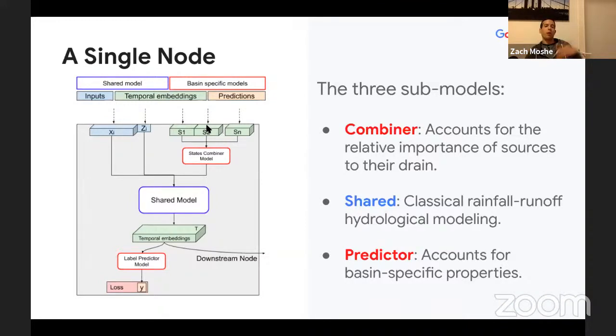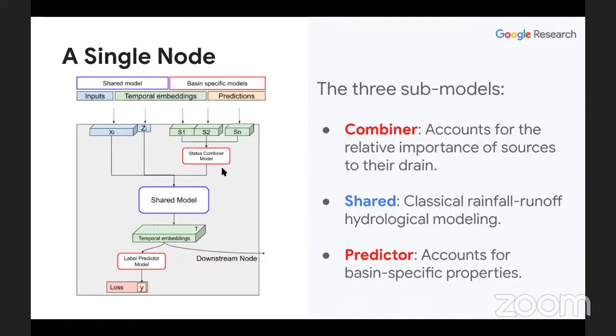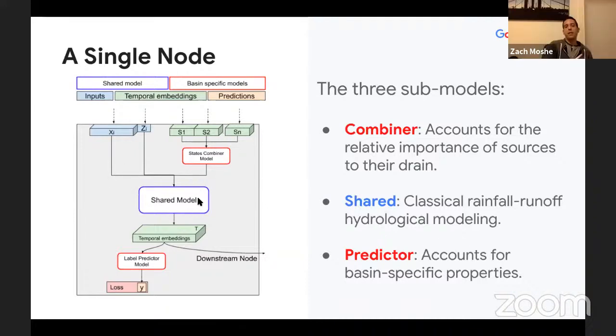So the combiner will always output a vector of t over h, and h here will be the combined embedded vector. That is what allows the shared model to be shared, because all the inputs here are the same, or at least of the same shapes. And then this is the shared model.